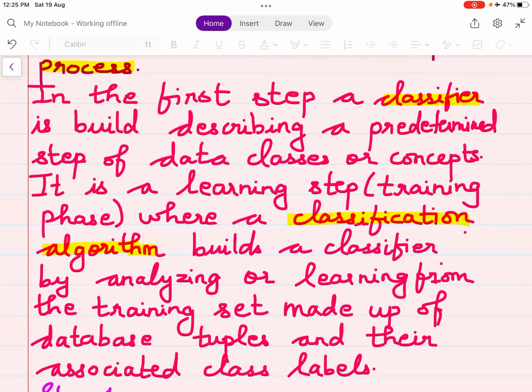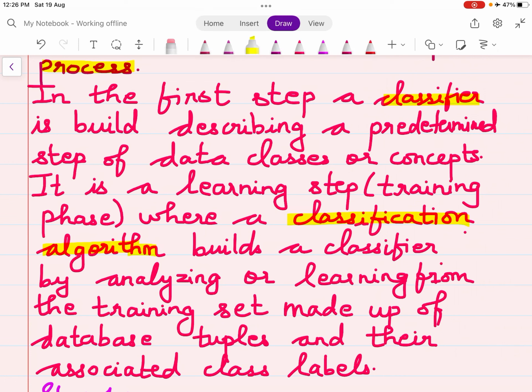How will this algorithm make the classifier? By analyzing or learning from the training set, which is made up of database tuples and their associated class labels.